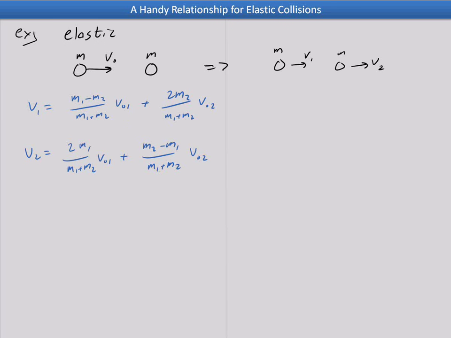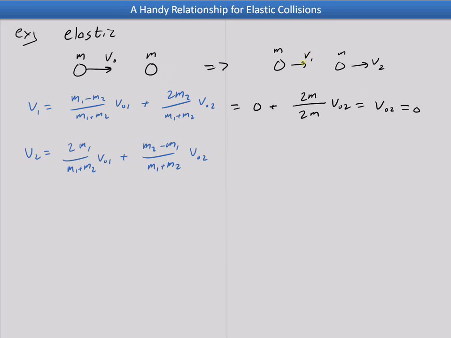What do we get in our case? Well, v1 is going to be equal to the difference of the masses, which is actually 0, plus here we're going to have 2m divided by 2m times v initial 2, which is v initial 2. So v1 is equal to v initial 2, which is actually 0, right? This is the initial velocity of the second ball, which is 0.